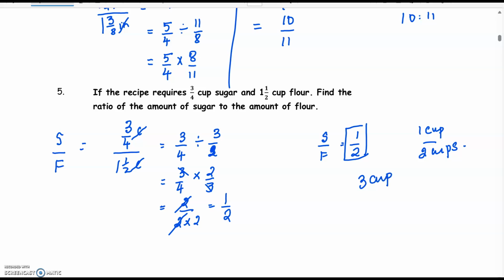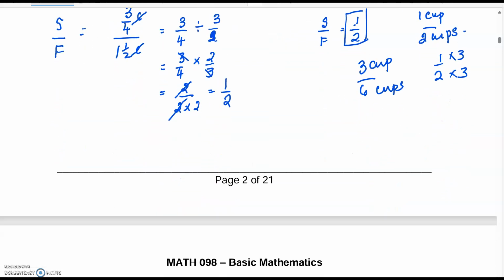All I have to do is multiply the numerator and denominator with 3. So then 3 cups of sugar would mean 3 times 2, 6 cups of flour. And it doesn't have to be a cup. It could be any container. 1 container of sugar, double it, and that's how much you need the flour to be. That's what a ratio means.